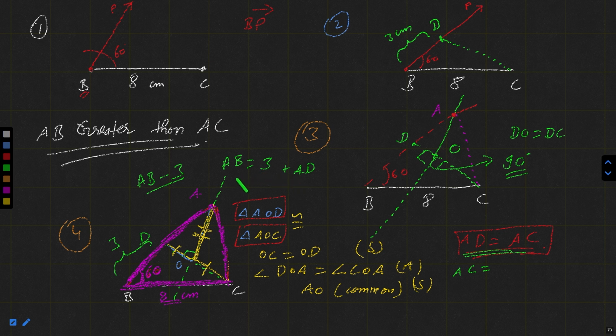So AD is equal to AB minus 3. So AC equals AB minus 3, and I can easily rewrite it as AB minus AC is equal to 3.